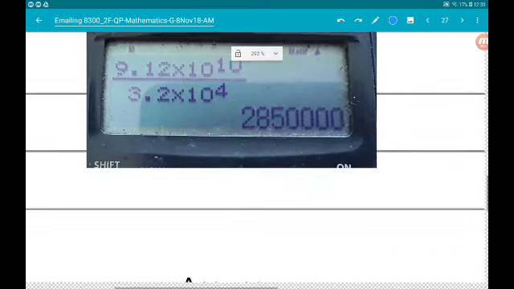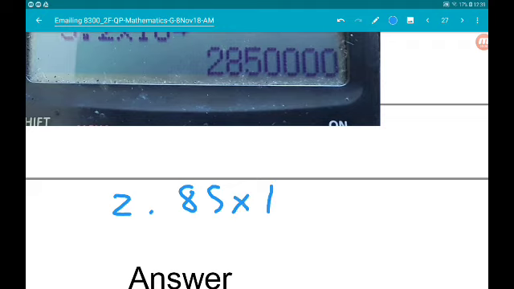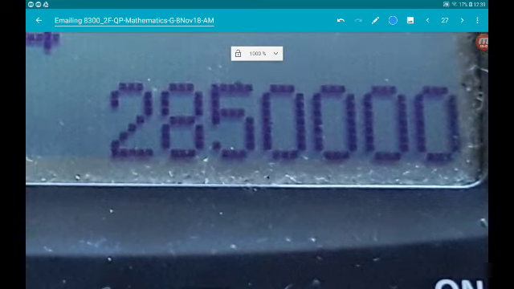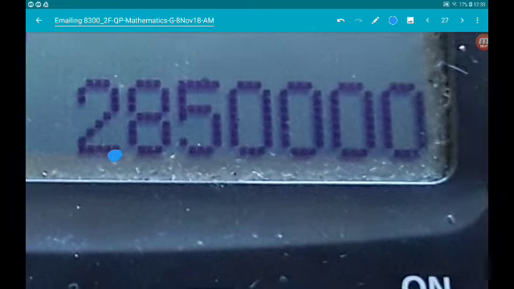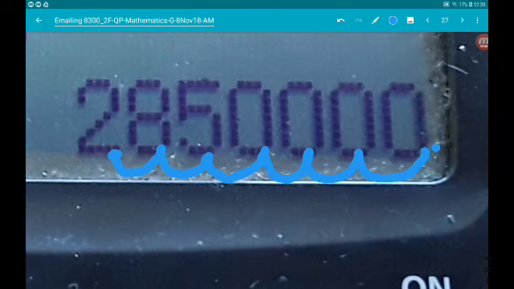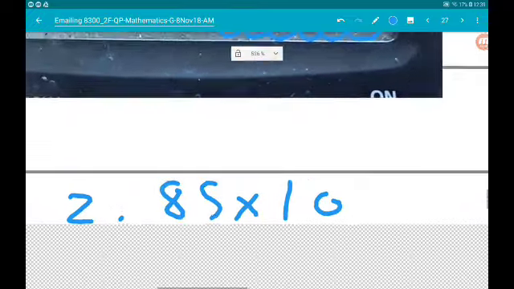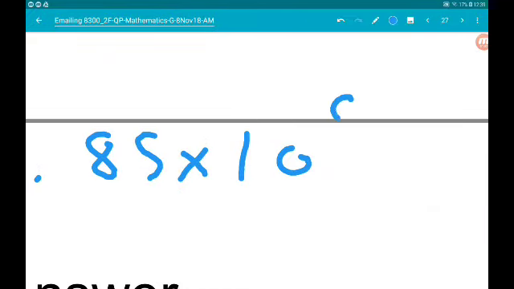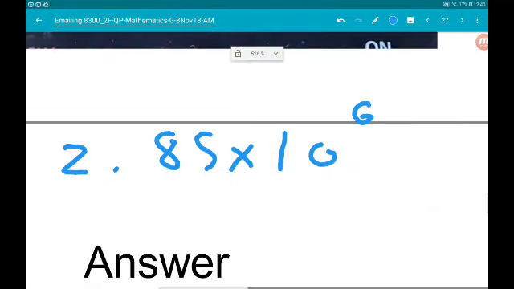Now that in standard form is 2.85 times 10. Now to get the power, we need to count how many places the decimal moves from there to there. So 1, 2, 3, 4, 5, 6. So it's 2.85 times 10 to the 6.